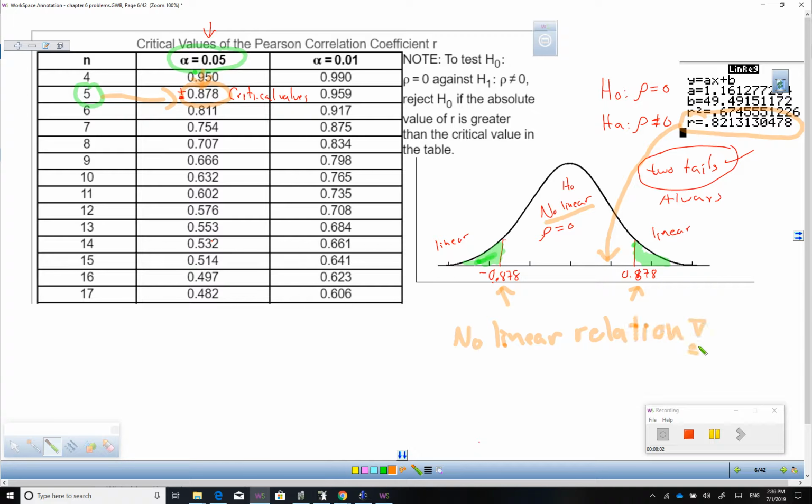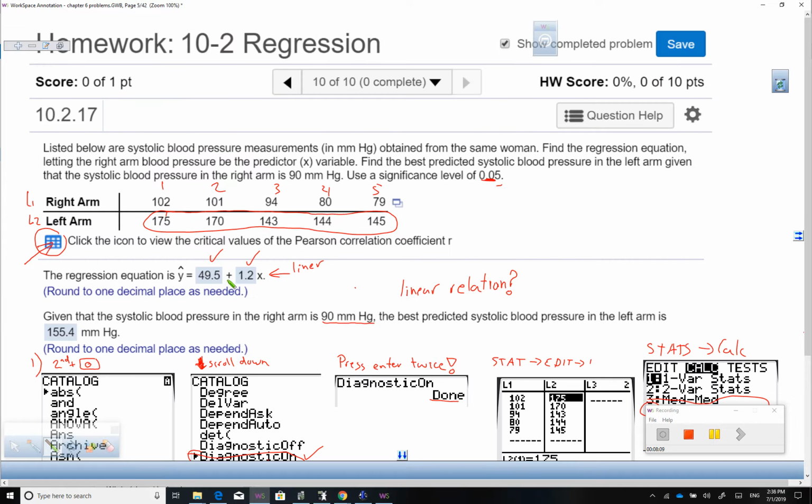What happens when you don't have a linear relation? You cannot use the equation you obtained. That means this model is not a linear pattern.